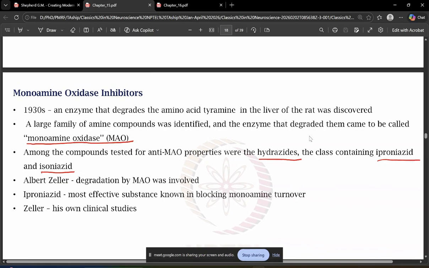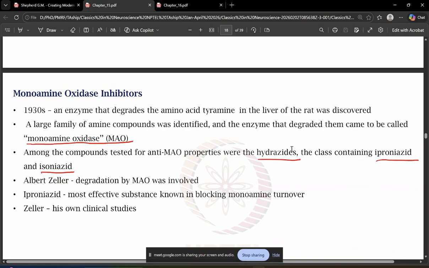And then later studies showed that this enzyme is capable of degrading not just tyramine but also several other amine compounds. And because this enzyme is able to degrade such amines, basically through certain mechanisms which were later identified, this enzyme was called monoamine oxidase.